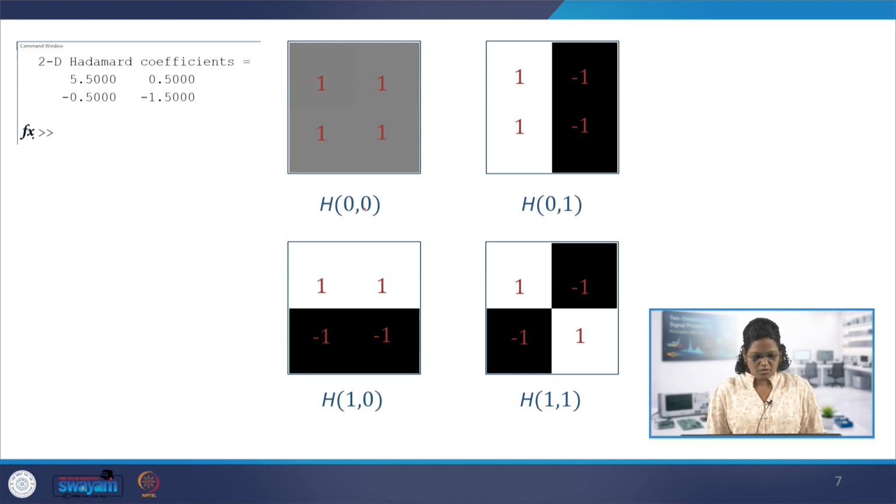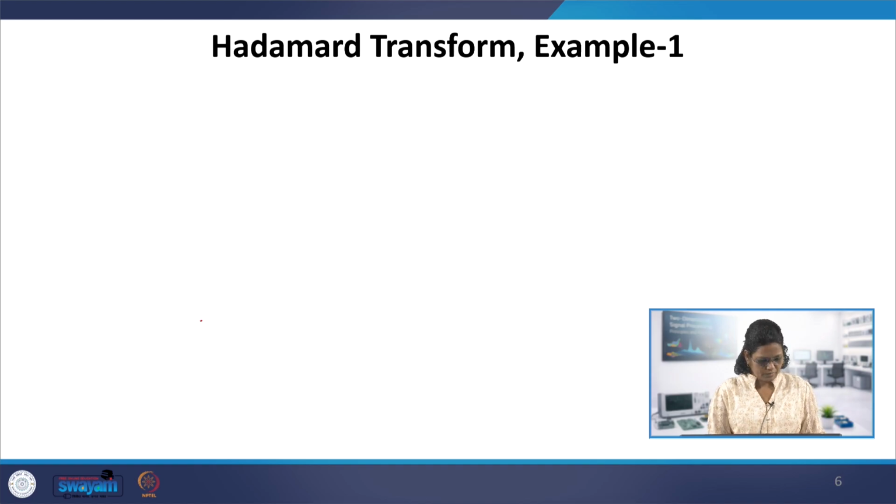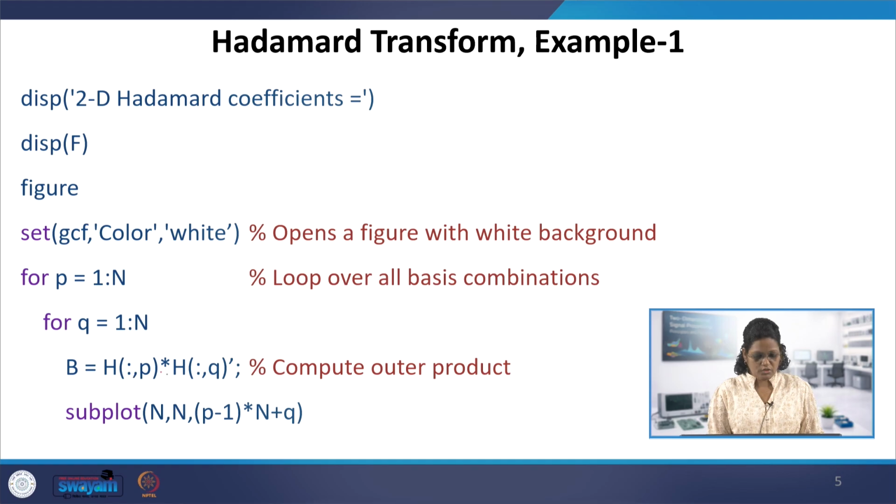Once we have these basis images and the coefficients, we can get back the sequence as well. So from these coefficients and basis images obtained through this code, you can see that the outer product of H and H transpose gives these basis images 0 0, 0 1, 1 0, 1 1.